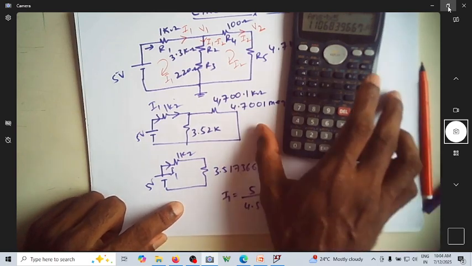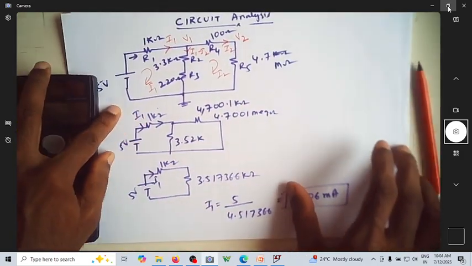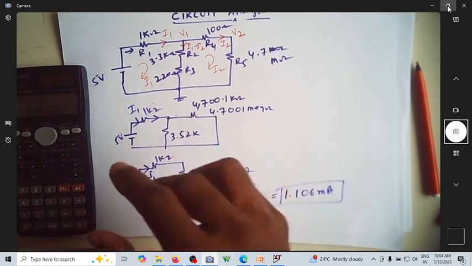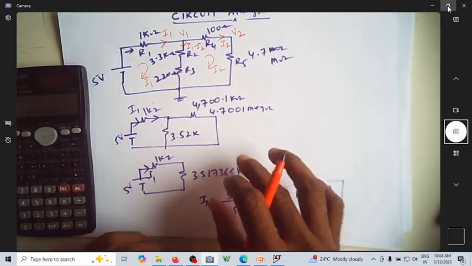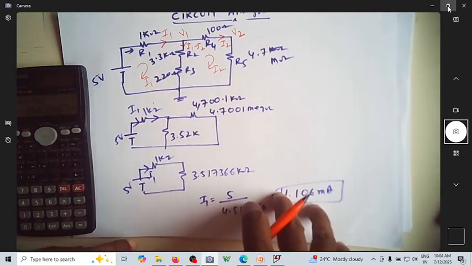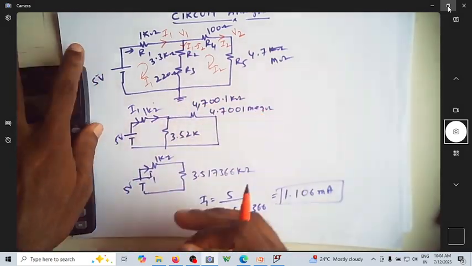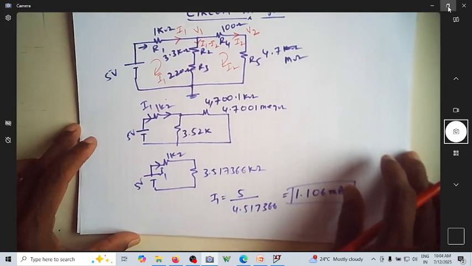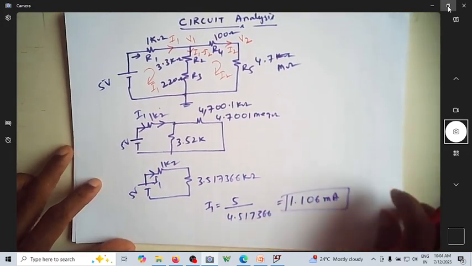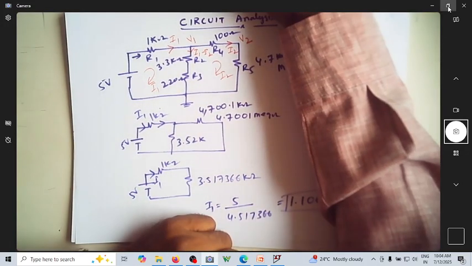Milliamperes is the current that is flowing through this I1. Now here we're not going to verify anything, we just want to use LTspice. Maybe in a later version we'll try to verify things. So we should get a current of 1.106 milliamperes.